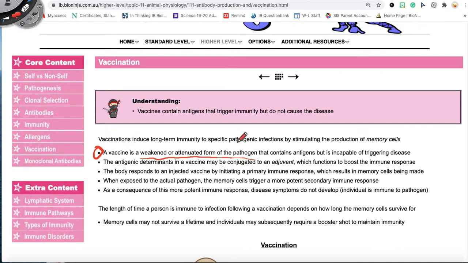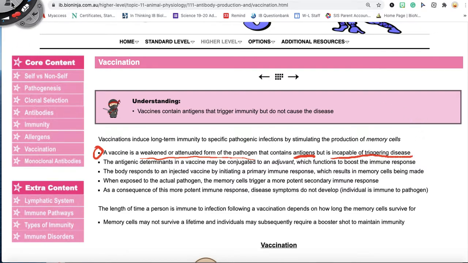We see with COVID-19 that the COVID vaccine is an mRNA vaccine. But this section of IB covers these forms of weakened or attenuated forms of the pathogen. And they contain antigens, but they are unable to trigger the disease. So they're not going to make you sick.